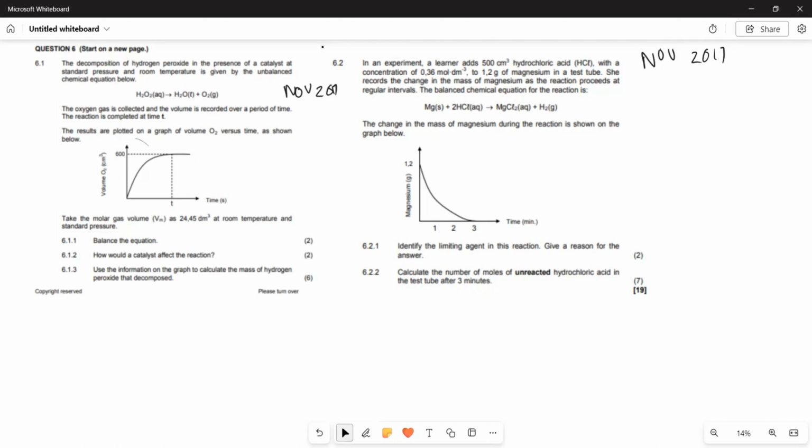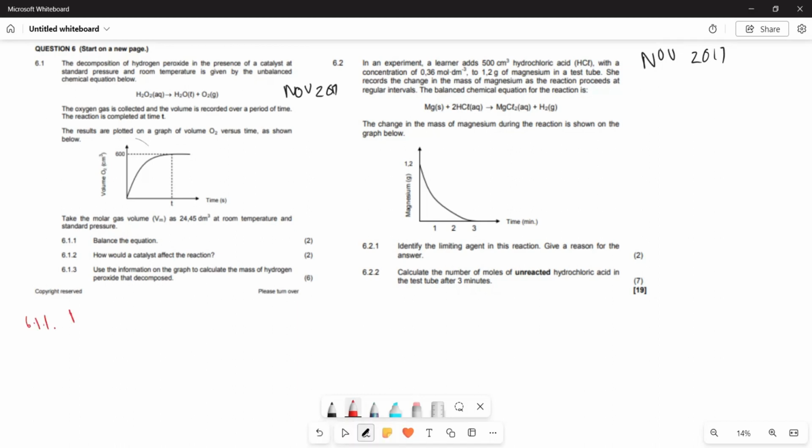Now let's start here. The first question requires us to balance the equation. Look, the easiest way of balancing the equation, I usually say, start with this one. This is your 6.1.1.